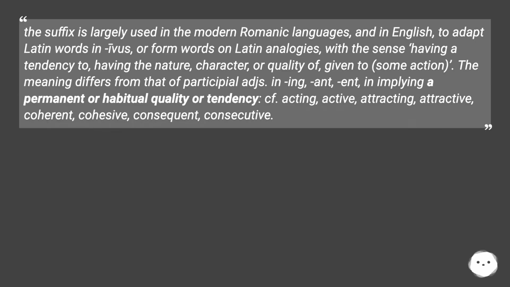The suffix is largely used in the modern Romanic languages, and in English, to adapt Latin words in -ivus, or form words on Latin analogies, with the sense having a tendency to, having the nature, character, or quality of, given to, some action. The meaning differs from that of participial -ing, -ant, -ent, implying a permanent or habitual quality or tendency, cf. acting, active, attracting, attractive, coherent, cohesive, consequent, consecutive.